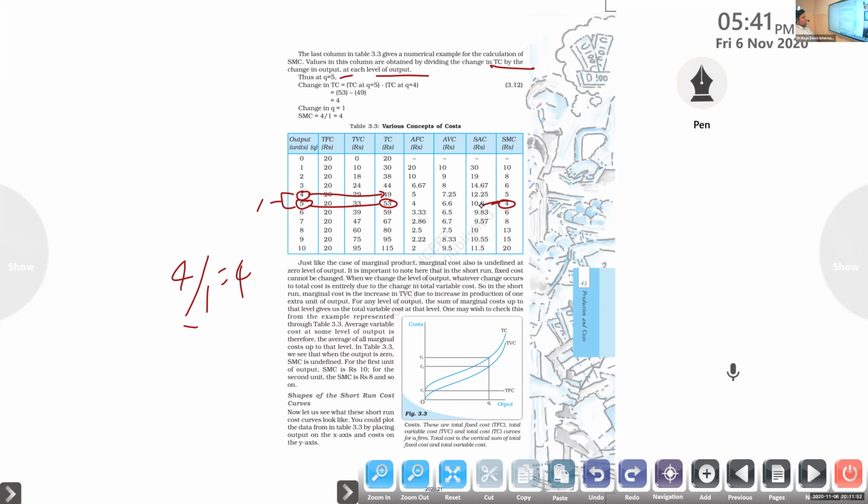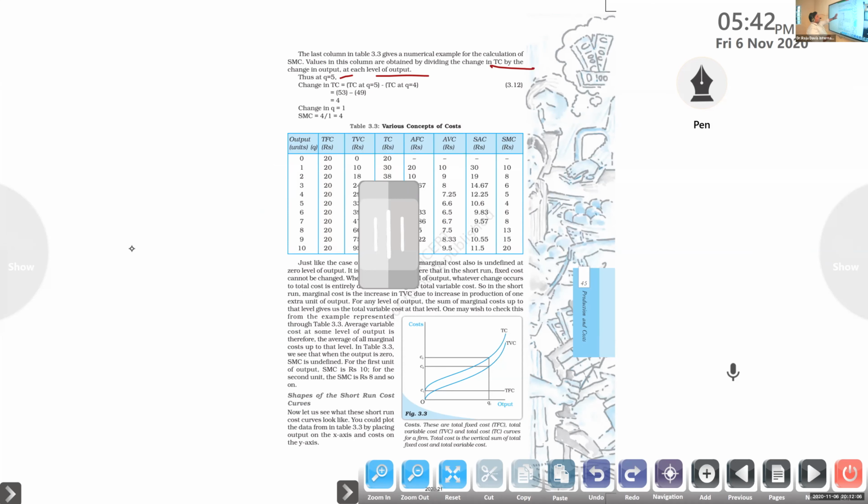Respectively, you can see here. Just calculate this 7 and 8. Take the 8th one. At Q5, just calculate that. So we are taking here Q8.